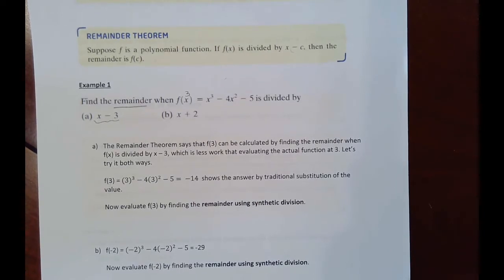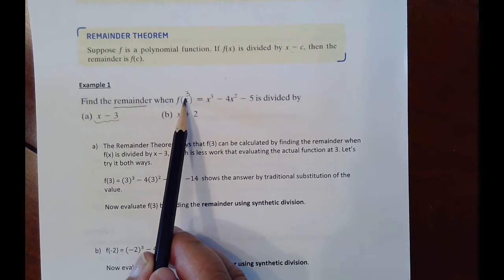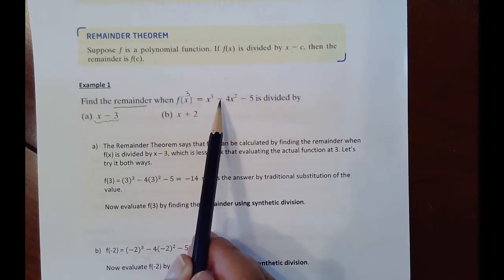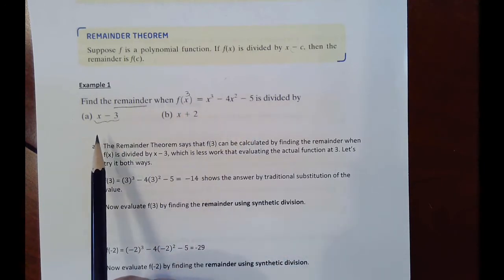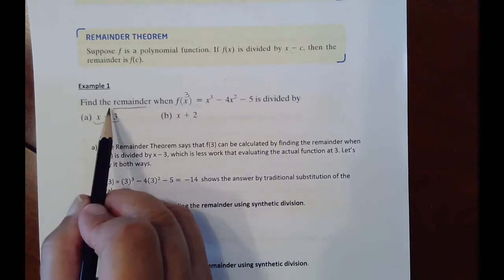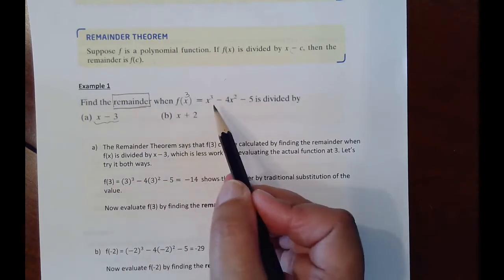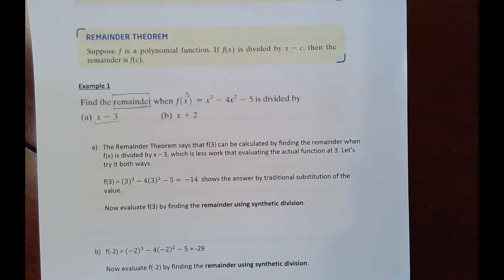So we're going to be employing that remainder theorem as a new way to evaluate functions at a particular value. Instead of just plugging the number in all the way down, we're going to use synthetic division, wait to see what we get for the remainder, and that remainder will be the same as if we had plugged the number in all the way down.